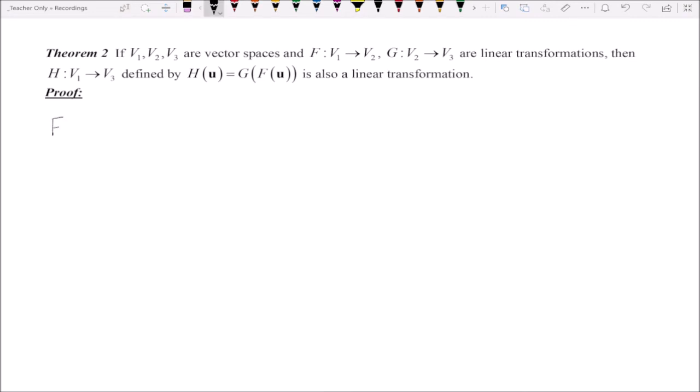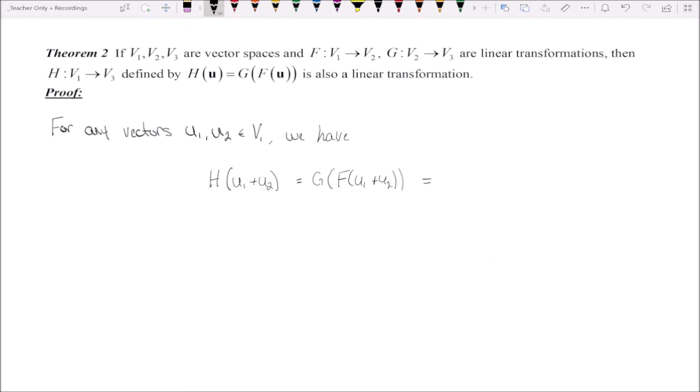First, for any vectors u1 and u2 in V1, notice we have h of u1 plus u2 will be g of f of u1 plus u2.